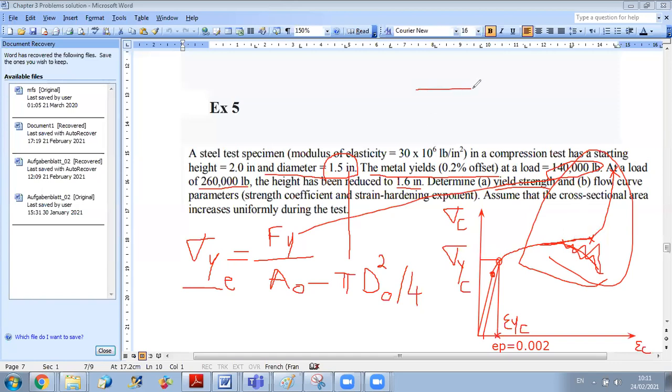Why? Because look, you have two plates that are compressing, and you are compressing a specimen between two plates. What happens is that the cross-sectional area will tend to increase. But with contact with the plate, you have friction that will oppose the increase of the area, which will give you the following form. And you will have the smallest area here because you will have resistance to area increase at the plate.